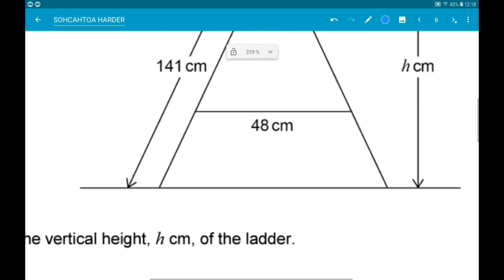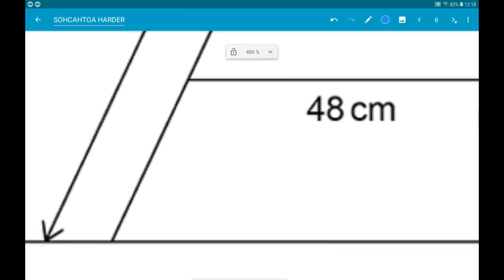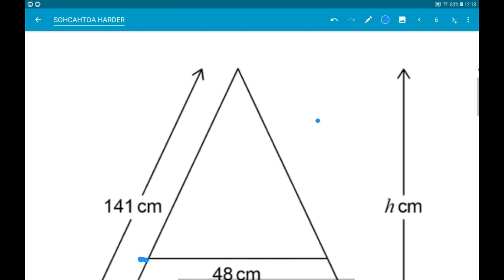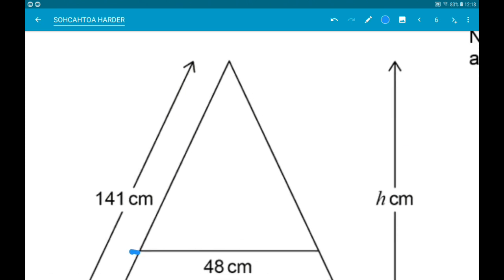So, what that tells us is that from the floor to the strut is 47 centimeters. Now that's not really much use. What is useful is knowing the rest of the length. So 141 minus 47 is 94.